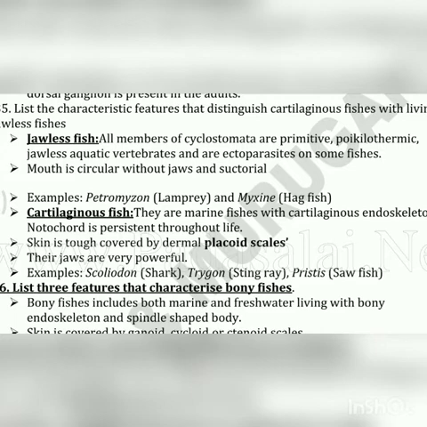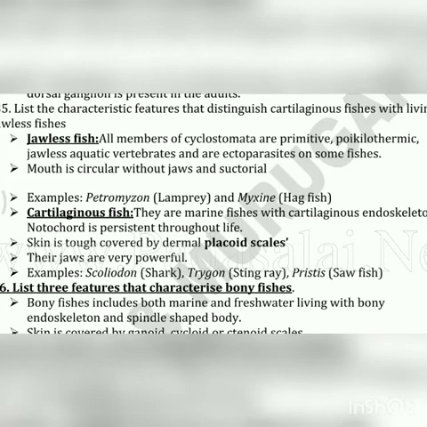Ecto means outer. They are attached to the other animals externally. So the mouth is circular without jaws and they are suctorial. They can suck the food from the other animals, that is the host. Examples are Petromyzon and Myxine.